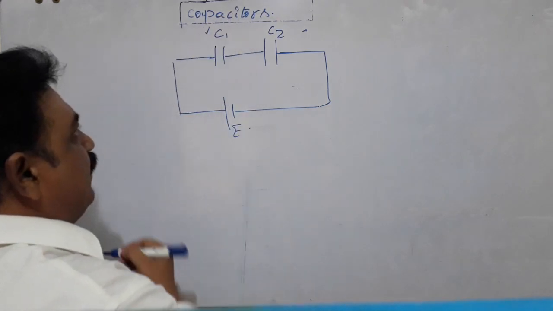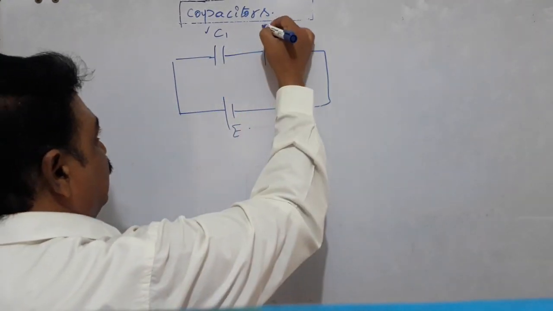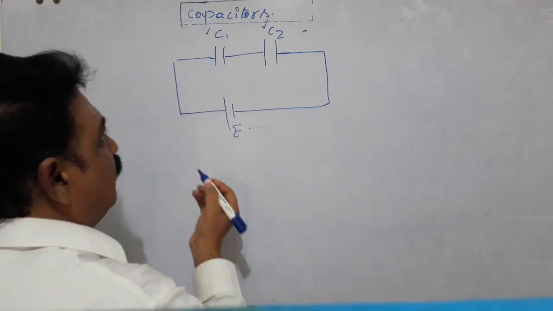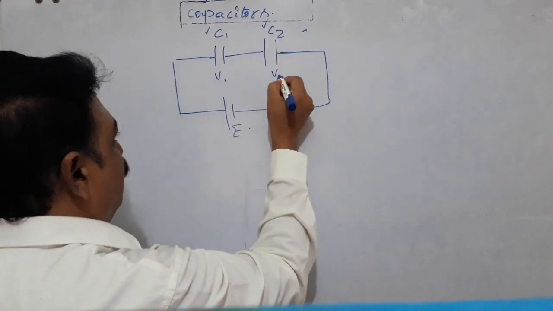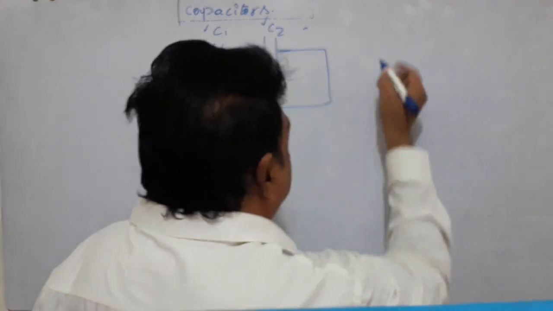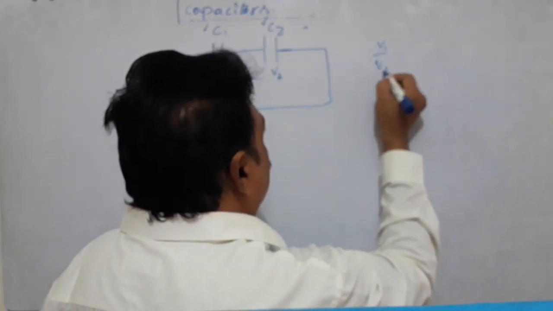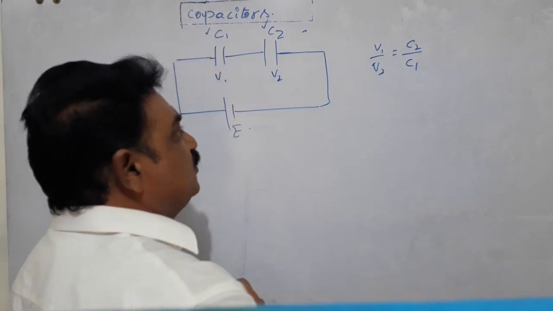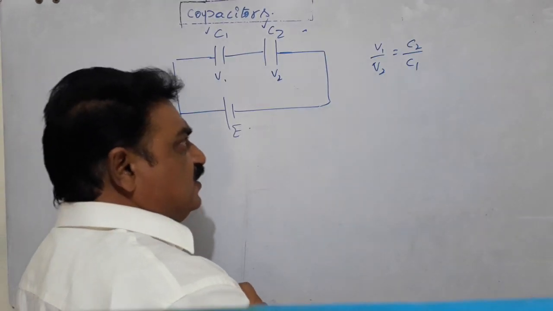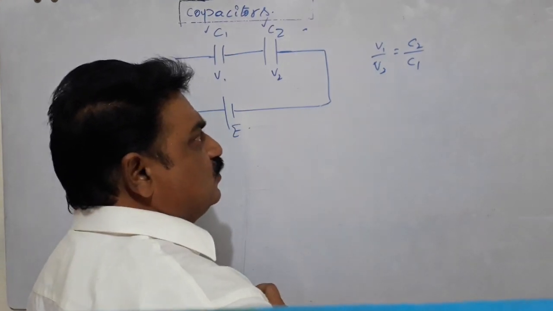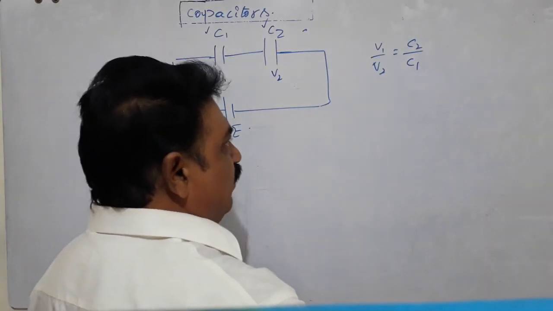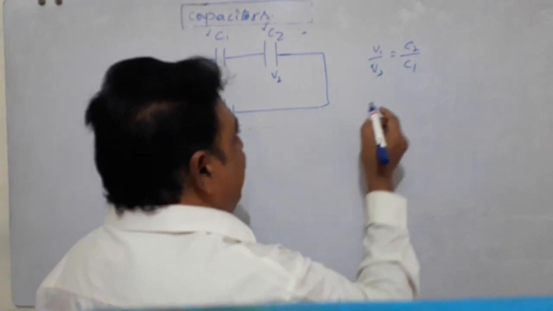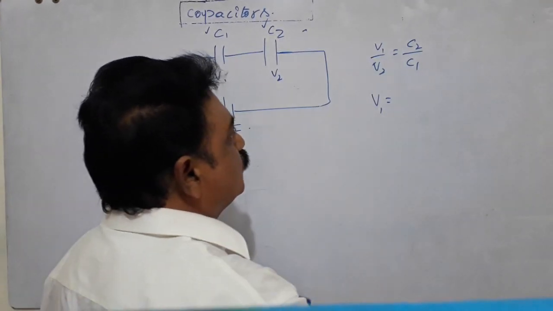Capacity of the first capacitor is C1 and that of the second capacitor is C2. If you want voltage V1 and V2, V1 by V2 is equal to C2 by C1, since in series combination V is inversely proportional to C. What is the value of V1?